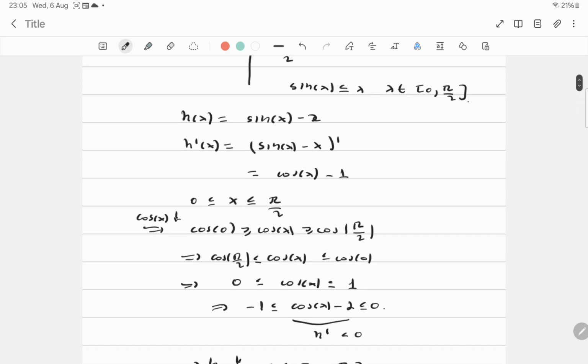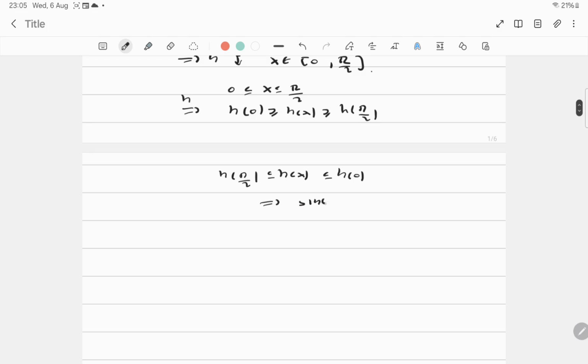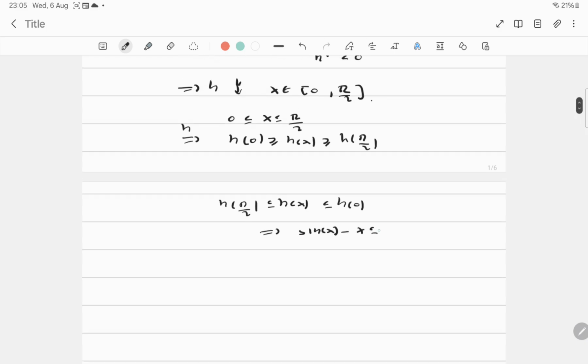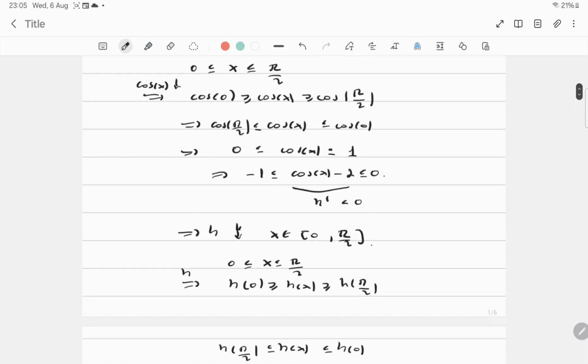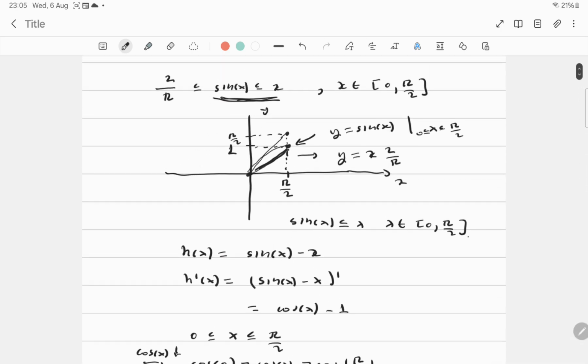My function h of x is sine x minus x, and h of 0 is just 0. And from here I have sine x less than or equal to x for every x in 0 to pi over 2. So I have proved this part of the inequality.